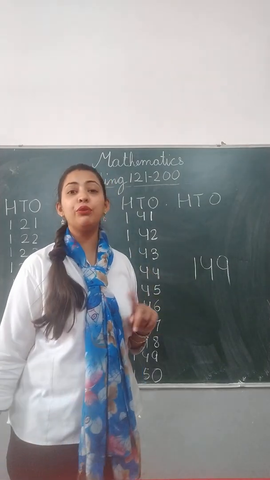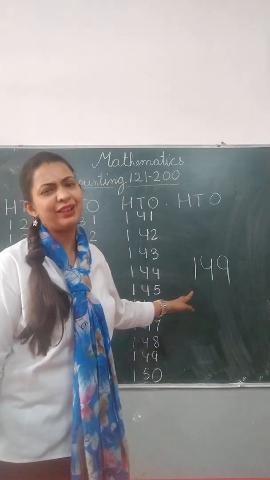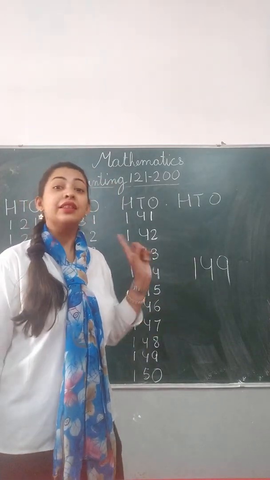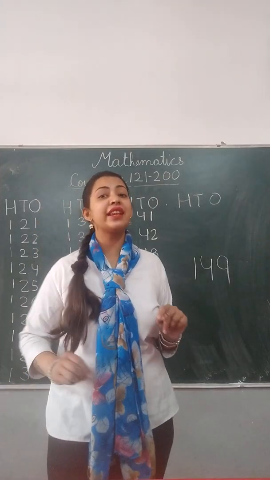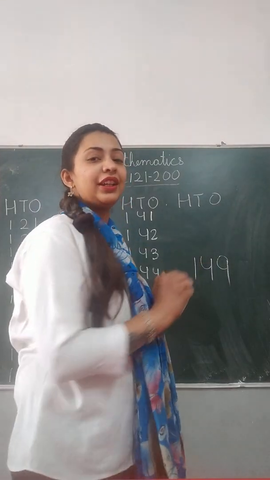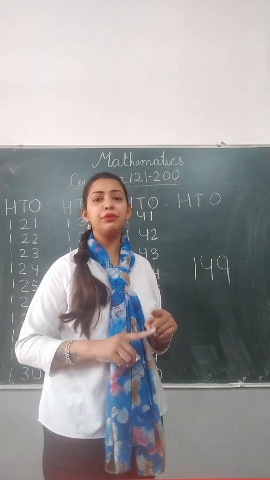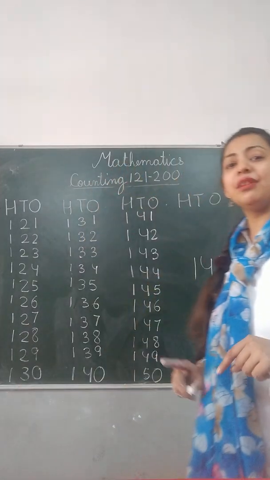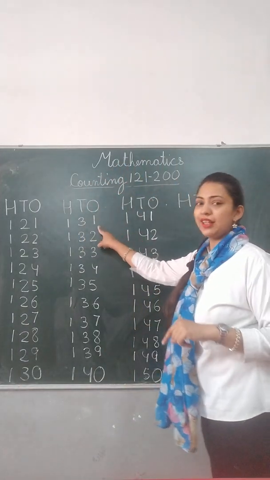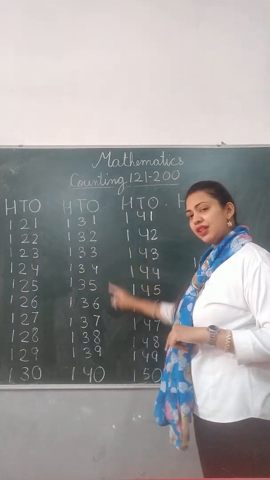You should not read them digit by digit when you are writing in your notebook. The correct concept of reading the numbers is 131, 132, 133, and so on.